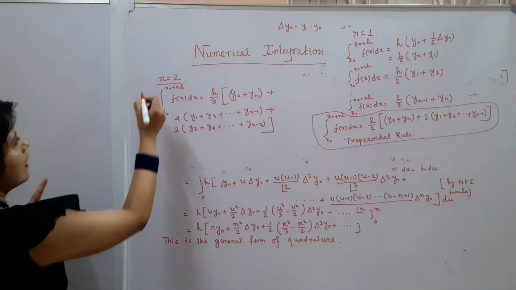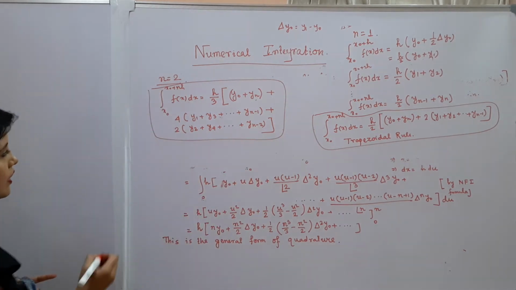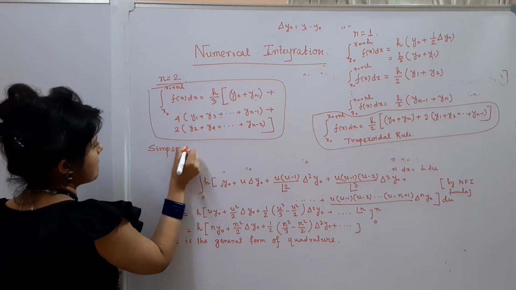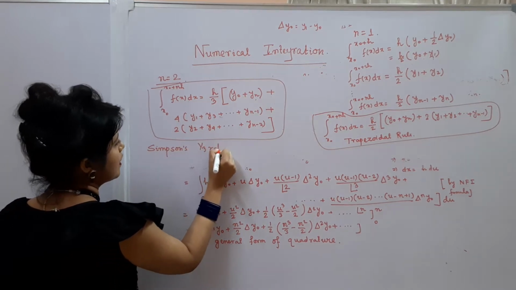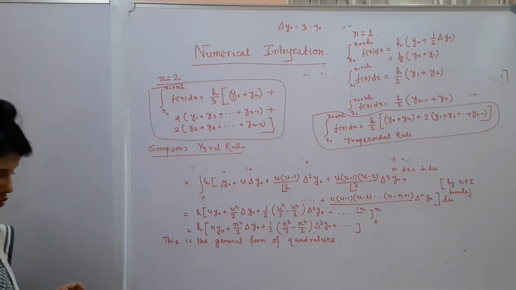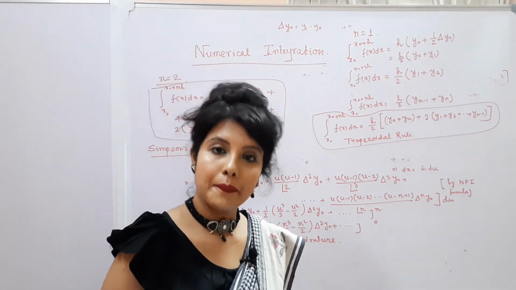This formula is called Simpson's 1/3 rule. These two particular cases are very important for solving problems.